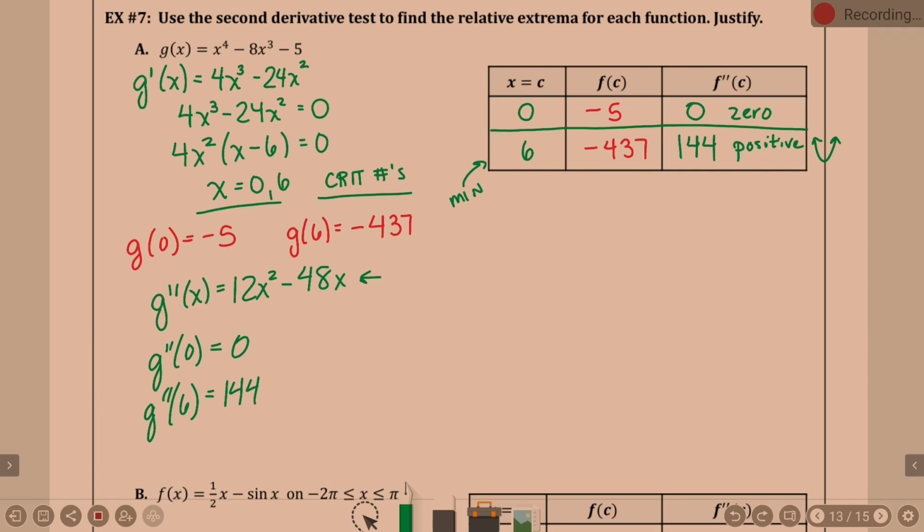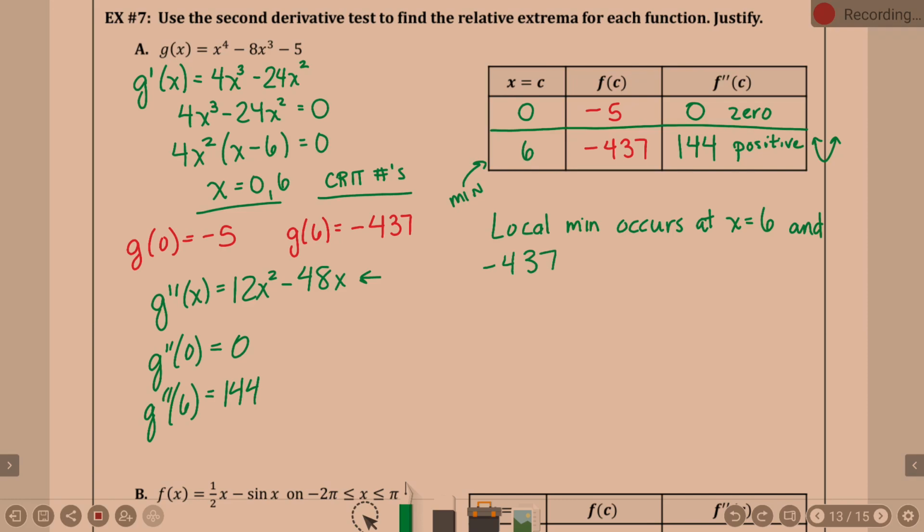So what I have written down here is that there is a local min that occurs at x equals 6, and the value would be negative 437.